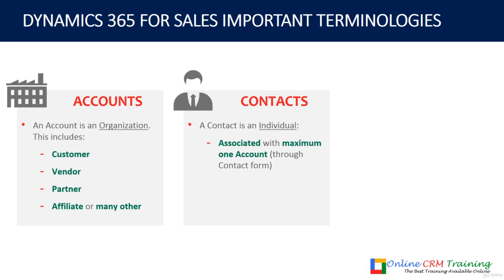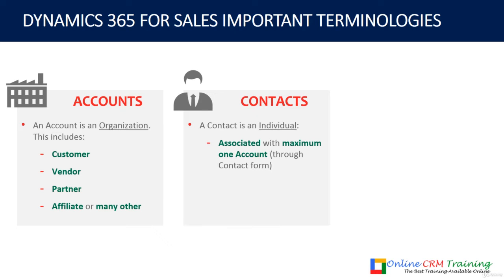And you can also associate a contact with the account. So for example, you're dealing with a company called XYZ Limited. Okay, XYZ Limited is a company, but you will be talking to some individual person in the company, right? So it can be a CEO, it can be a purchasing manager, or it can be any other person. So that person you will store as a contact in the contacts entity.